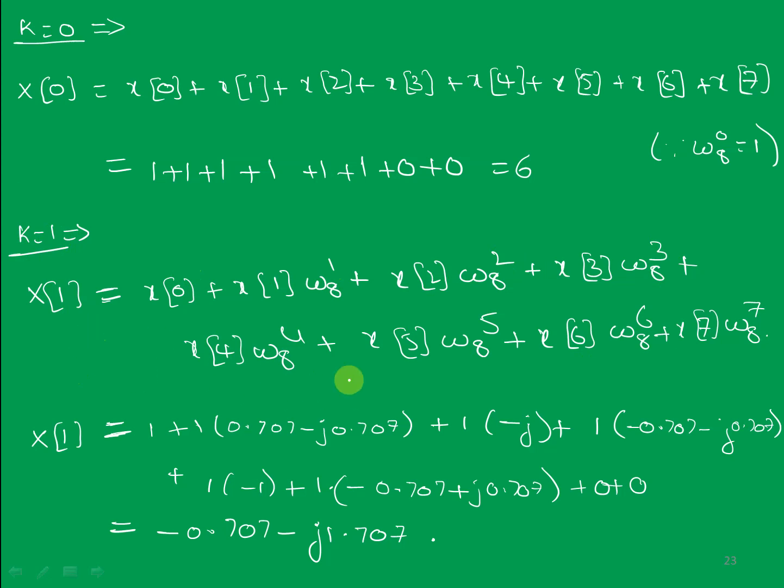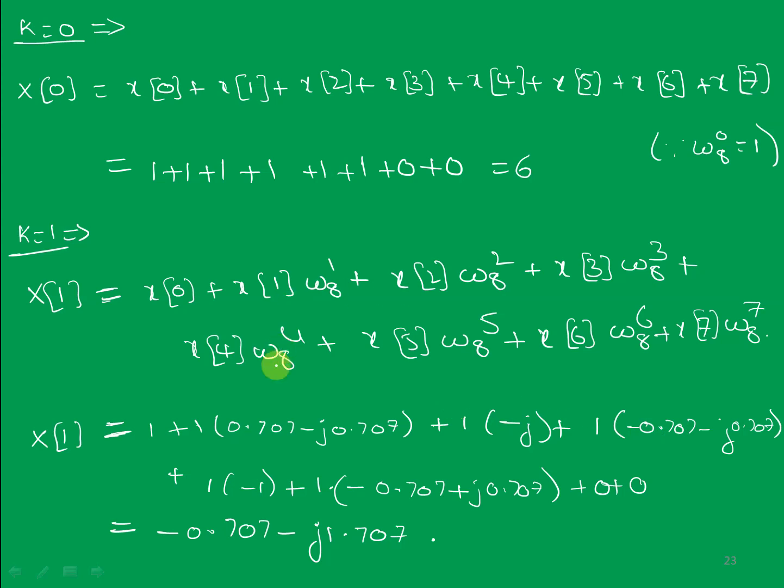Then X of 1 is equal to, substituting the sequence x of n, x of 0, x of 1, and here W_8 power 1 is this one, W_8 power 2 is this one, W_8 power 3 is this one. 1 by root 2 means 0.707, so I just substitute that here.